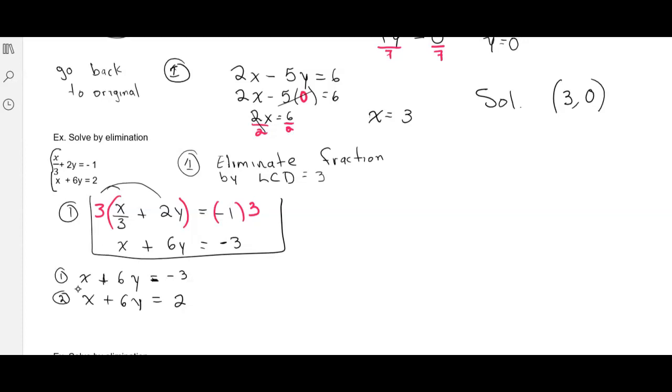If we consider adding these two equations, nothing would eliminate. Therefore, I need to multiply one of the equations by maybe just negative 1.